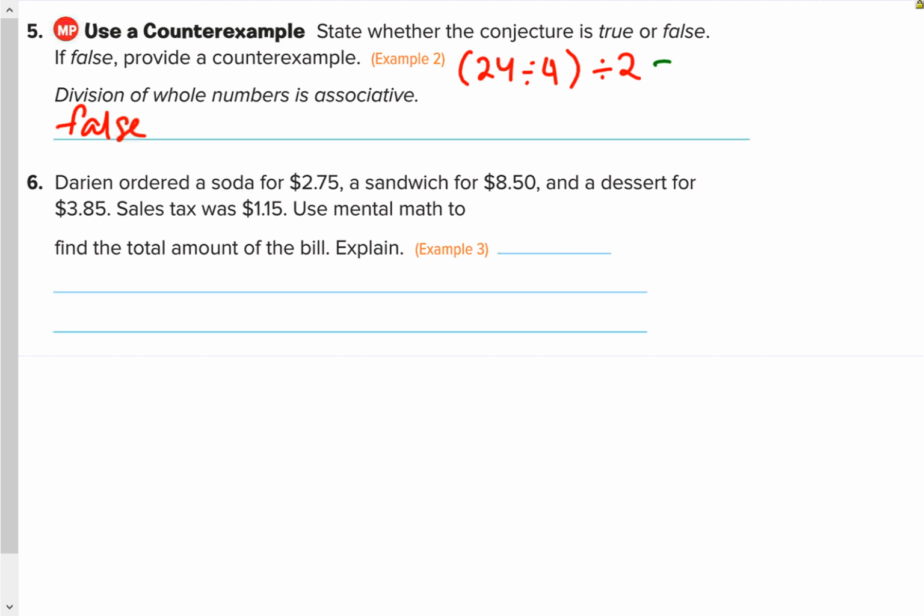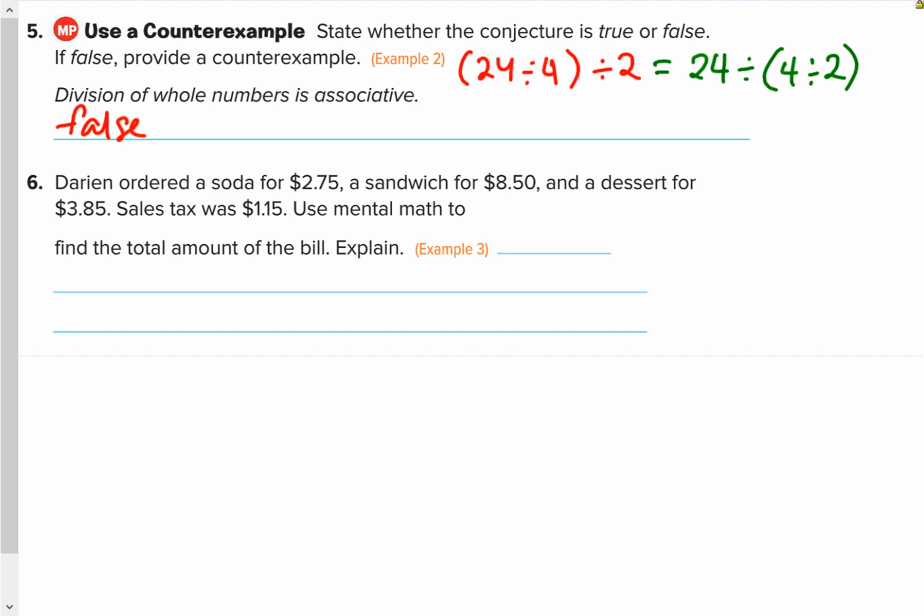They're going to ask you, is that equivalent to 24 divided by 4 divided by 2? So all I did there was I changed which numbers had the parentheses around them. So this one is 24 divided by 4, and this one is 4 divided by 2. So I'm going to go ahead and solve these, and you'll see that they won't equal each other.